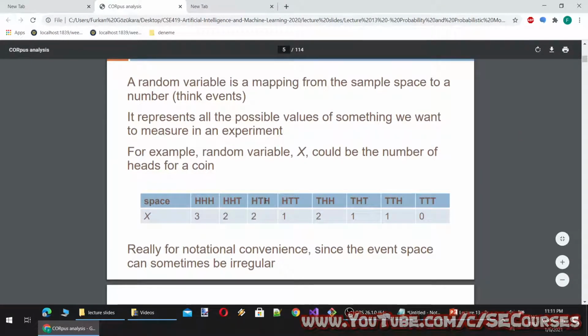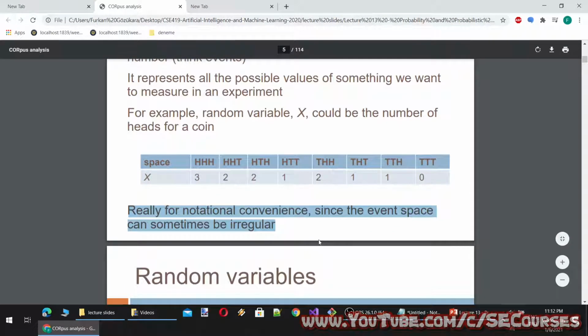It can be head, tail, head. It can be head, tail, tail. It can be tail, head, head. It can be tail, head, tail. It can be tail, tail, head, and it can be tail, tail, tail. If our random variable x is the number of heads, in this case x is 3, in this case x is 2, in this case x is 2, in this case x is 1, in this case x is 2, 1, 1, 0.